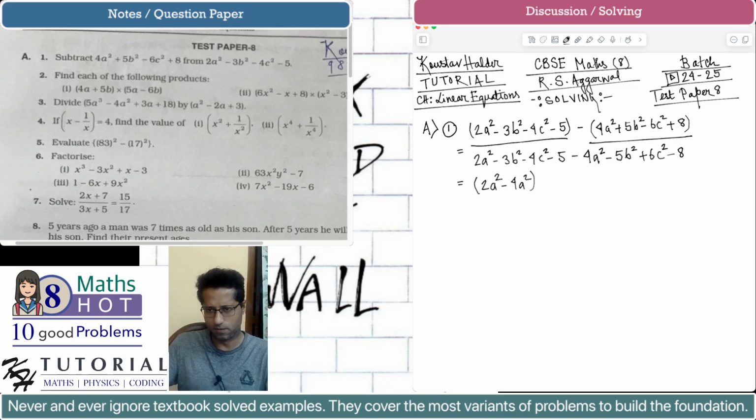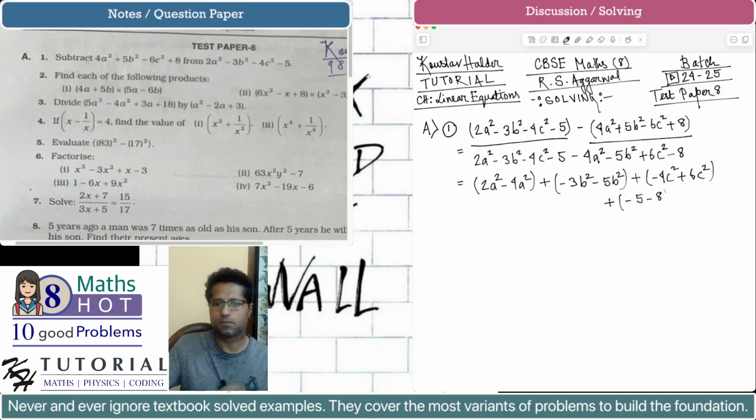Let's group the terms b square: we have minus 3b square and minus 5b square. Let's group the terms c square: we have minus 4c square plus 6c square. And let's group the constant terms: we have minus 5 minus 8.